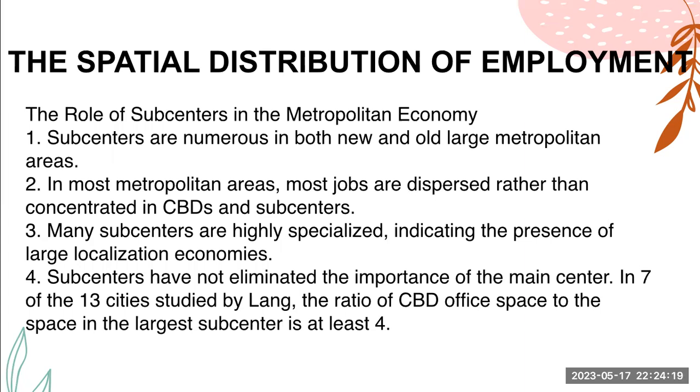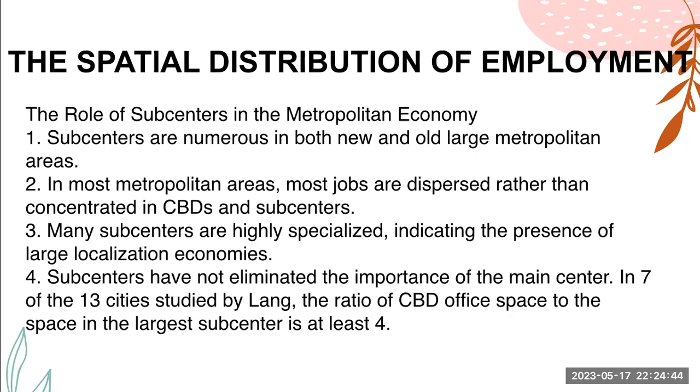Subcenters have not eliminated the importance of the main center. In 7 of the 13 cities studied by Lang, the ratio of the central business district office space to the space in the largest subcenter is at least 4.